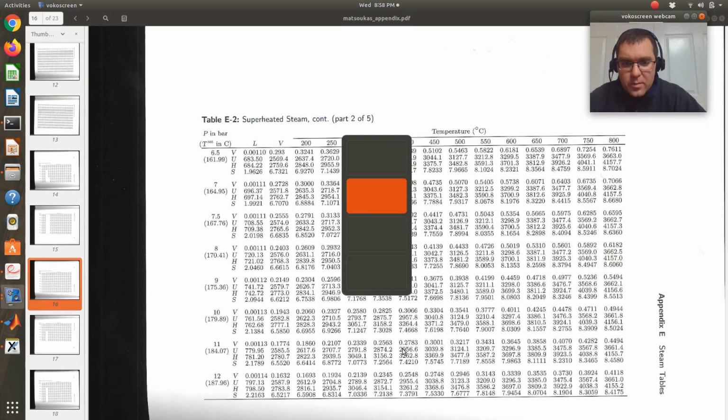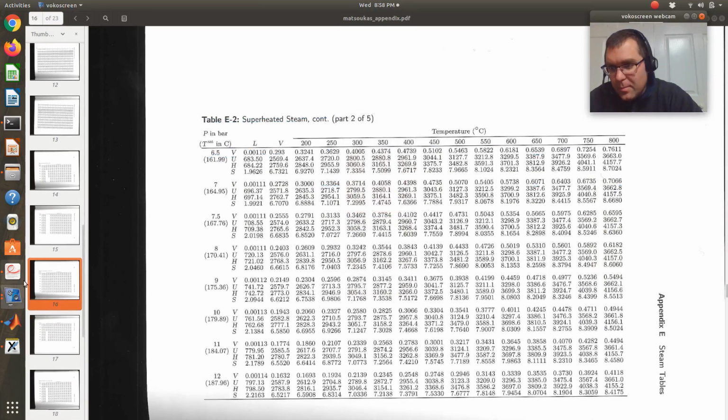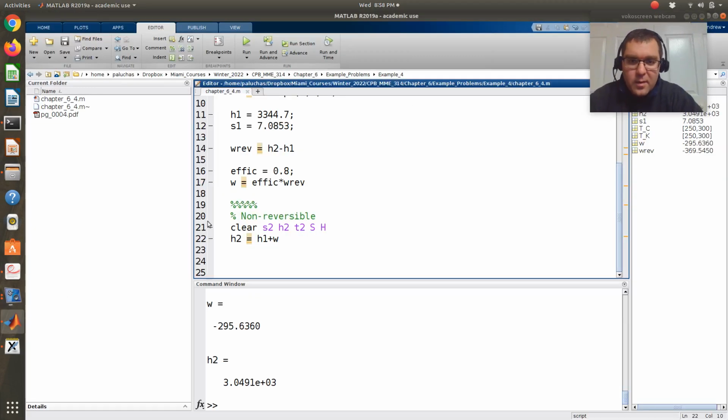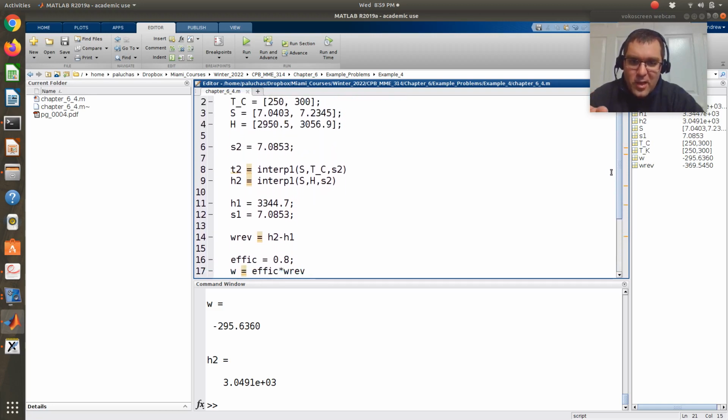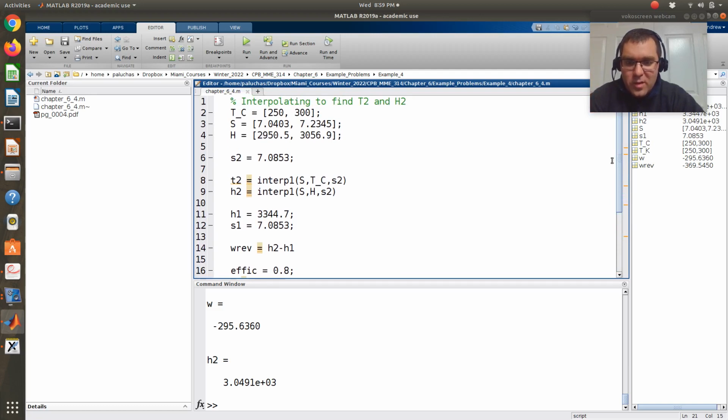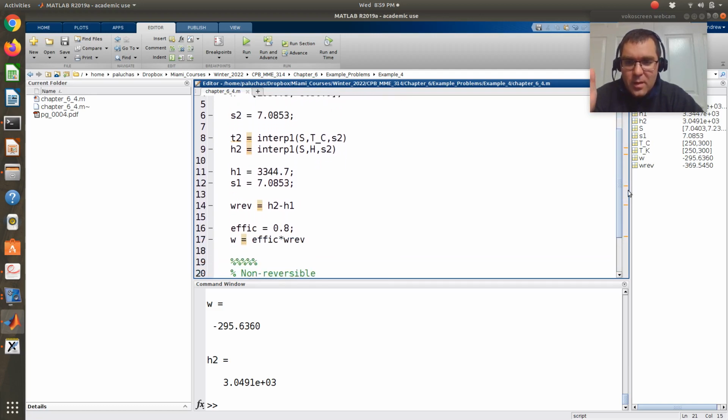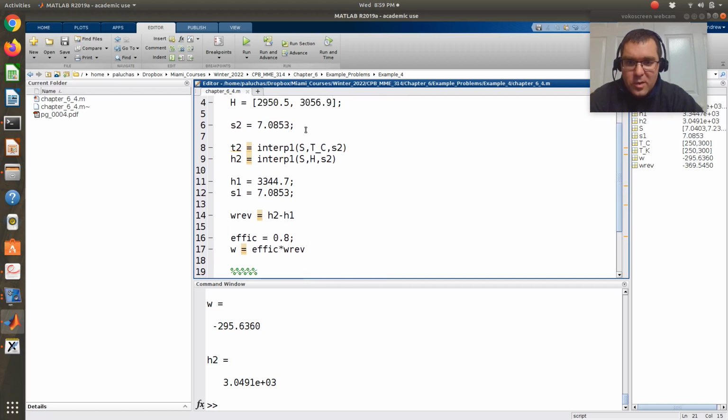So let's pop up MATLAB. Okay, so actually, I'm going to undelete T, S, and H. Why? Because that's the same exact data I just tabulated, since we're between 250 and 300 degrees C. I'm going to copy this line here.